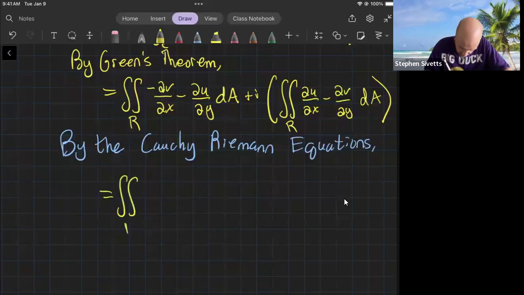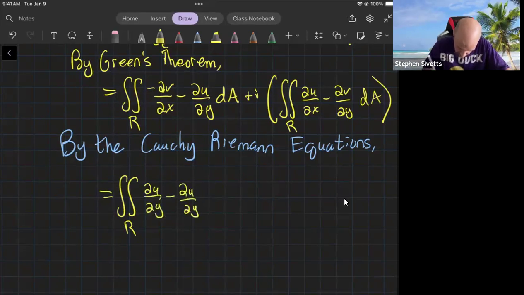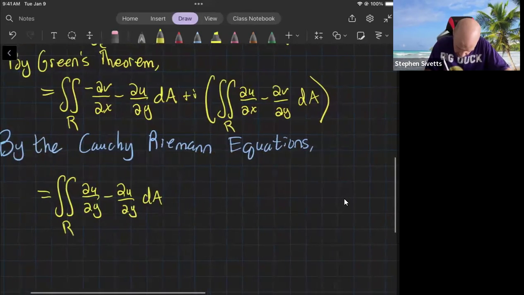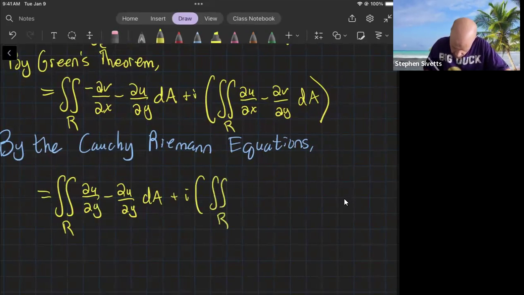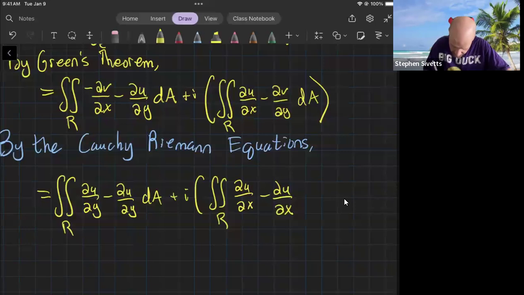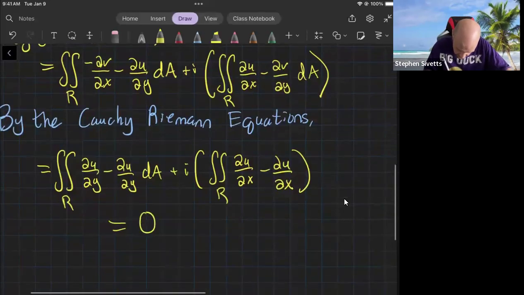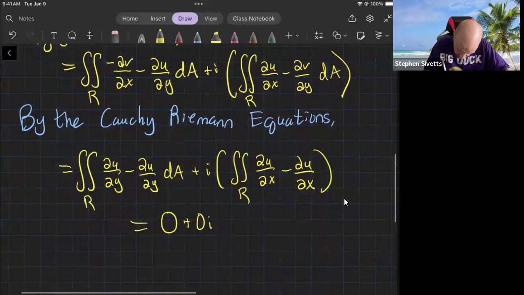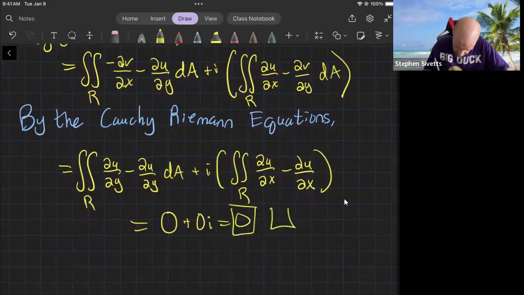So the real component will be the partial of v with respect to y minus the partial of v with respect to y, dA, plus i times, by the Cauchy-Riemann equations, the partial of u with respect to x is equal to the partial of v with respect to y. So that's the partial of u with respect to x minus the partial of u with respect to x. So this equals 0 plus 0i, which is 0. And that's what we wanted to prove.